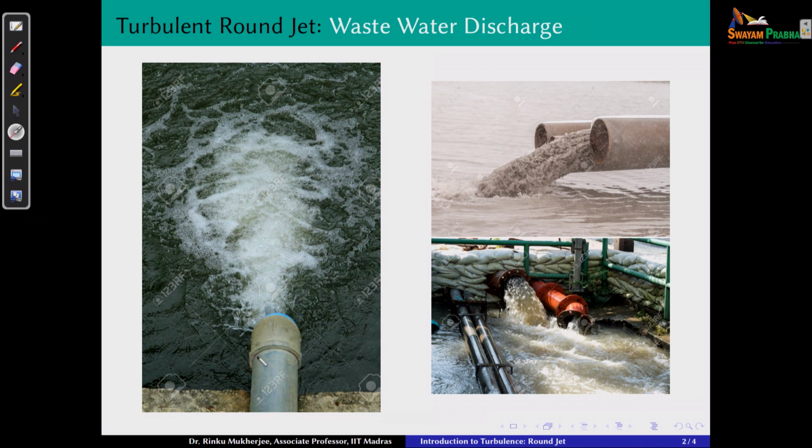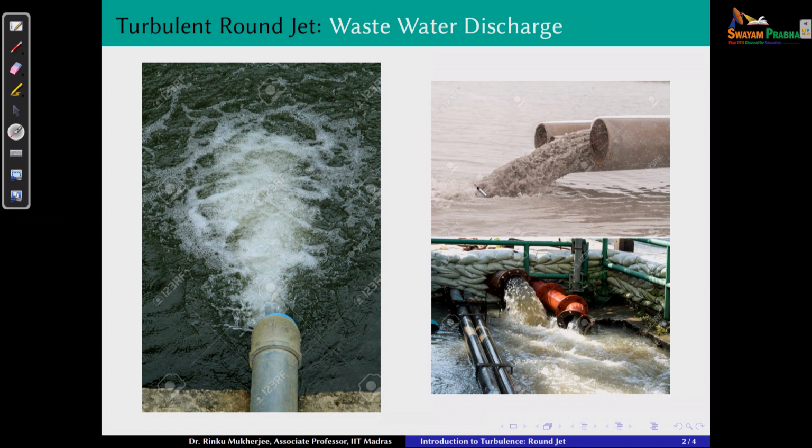So I am calling this a round jet, right? Clearly all the pipes are round. Why am I calling this a jet? Well, there is fluid moving through these pipes, and these pipes have a certain diameter. At one point when it comes out here, suddenly the diameter drastically changes.